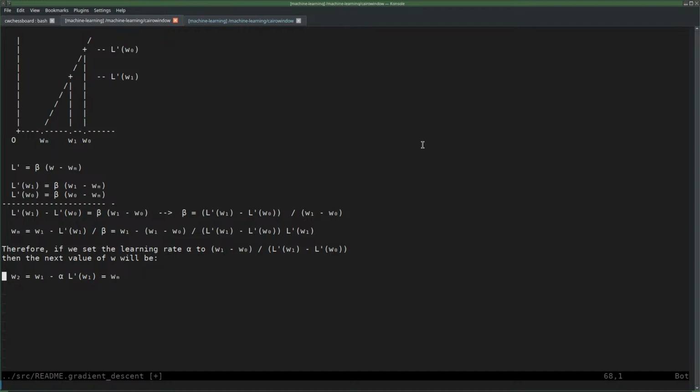So if it looks like this, and it goes steeper and steeper downwards, then this trick won't work, because then you say, oh, that's a parabola like this, and then the derivative is 0 here at the top. So then we go upwards, the wrong way towards the top.